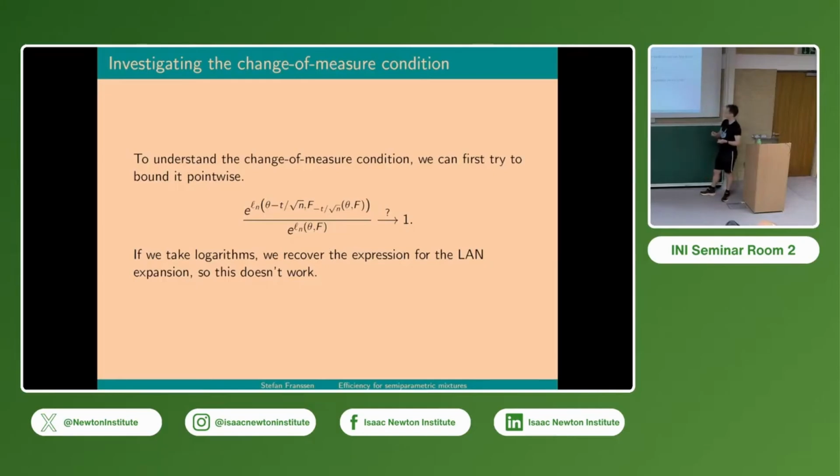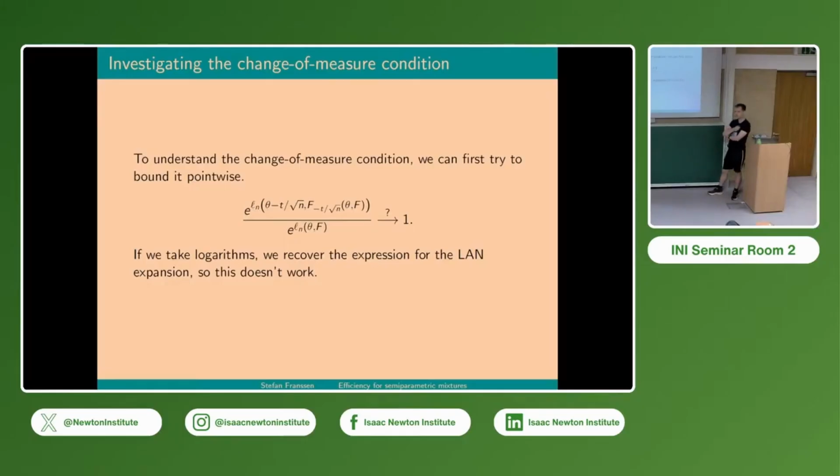And the idea is more or less that maybe we can start matching these points in a different way. So if we can find for every theta and f a perturbed version, so we don't go literally point to point, we try to show that for every theta and f there exists a theta prime and f prime such that the ratio of theta prime minus t over root n and f prime minus t over root n converges to 1.